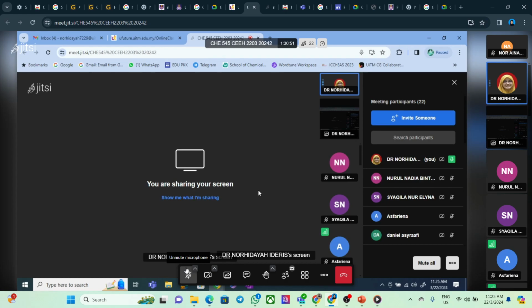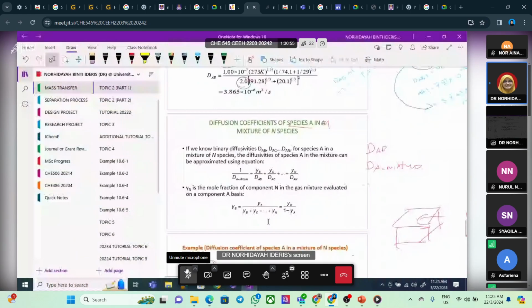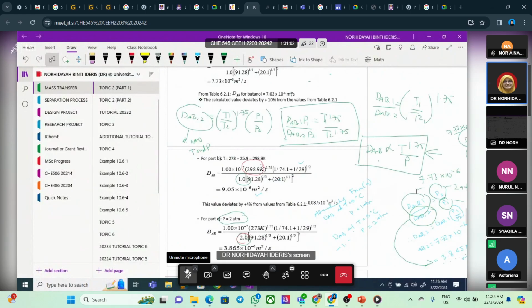Alright, so okay, next week I will continue just a bit on this part, and then we will discuss about this correction factor here, and then right after that we're going to straight away go to the molecular diffusion in liquid. Okay, please make sure that you have the notes with you.